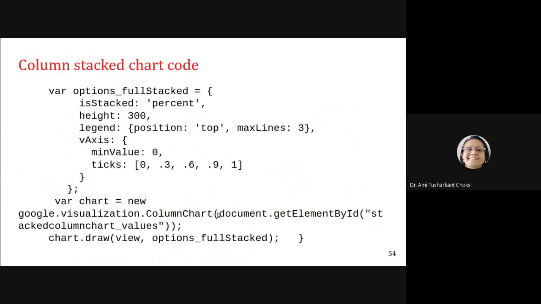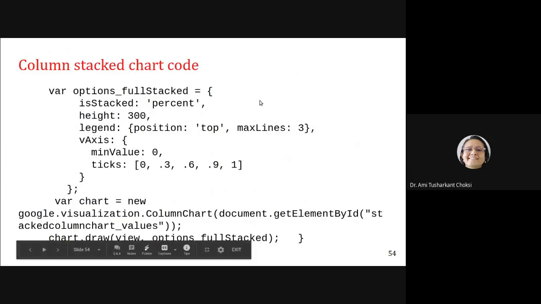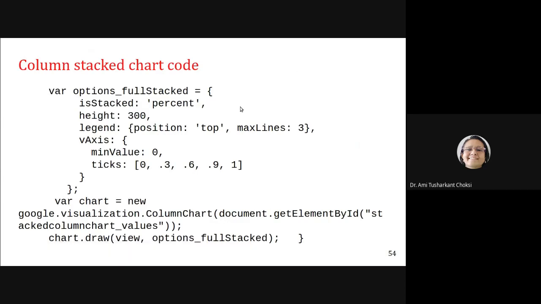Here what we have specified is percent. Okay, so that is out of 100 percent. Height is 300. Legend, what we want to specify is position top, and maxLines, column 3. Maximum lines, what we want to specify is 3. vAxis, that is, you can say vertical axis.